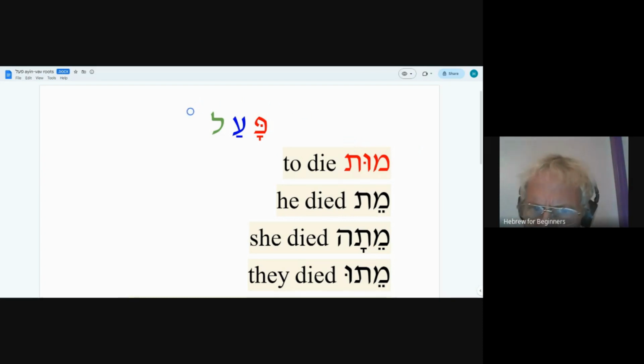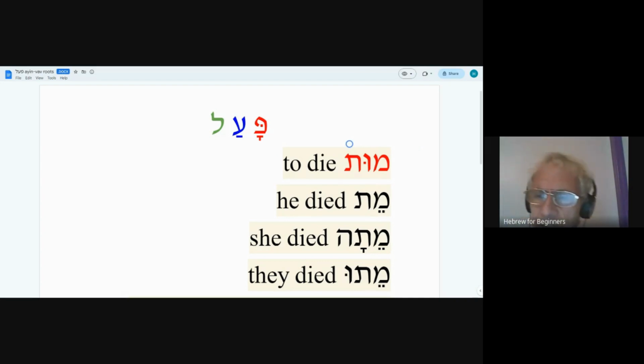This methodology, this way of describing our verb, pei hapoal, ayin hapoal, lamed hapoal, gives us an opportunity to describe classes or categories of Hebrew roots.